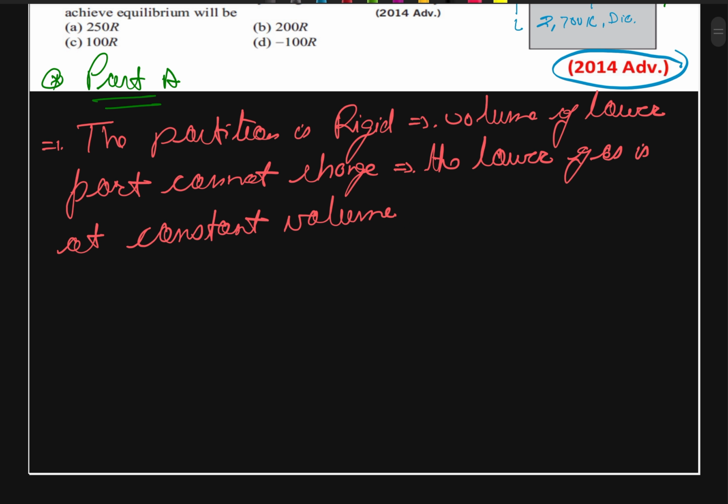Therefore, we can write that the heat lost or gained, let us suppose that is our Q1, we will put n C_V times the final temperature minus the initial temperature, which is given to us as 700.